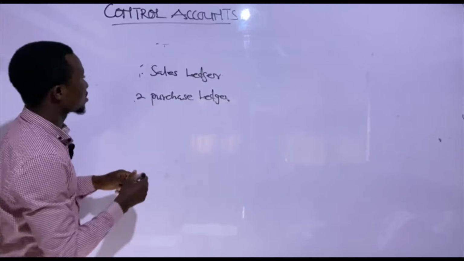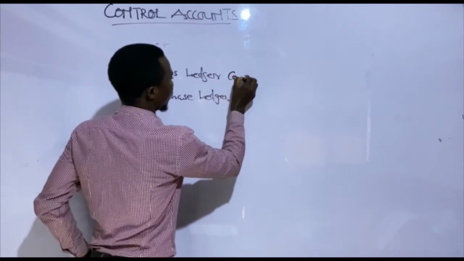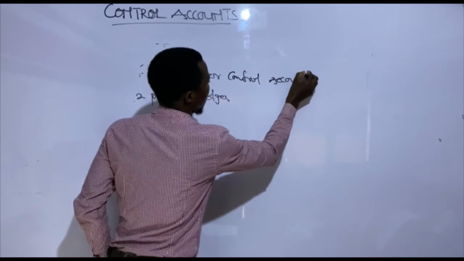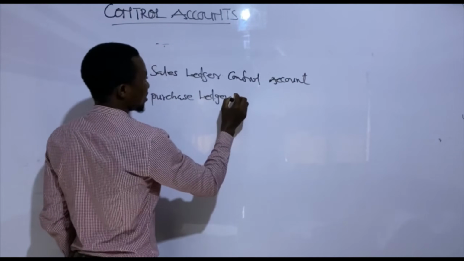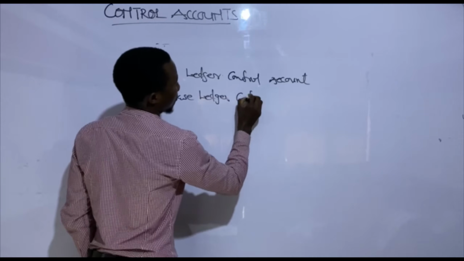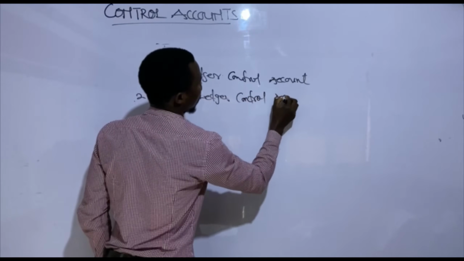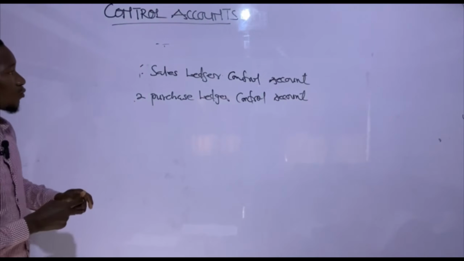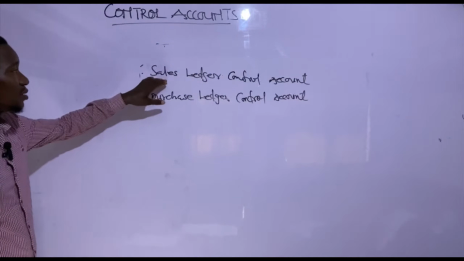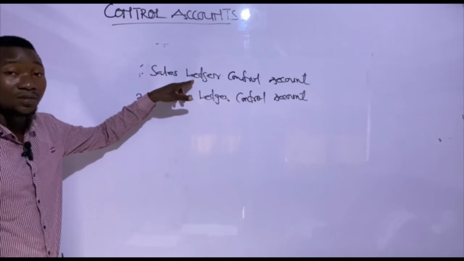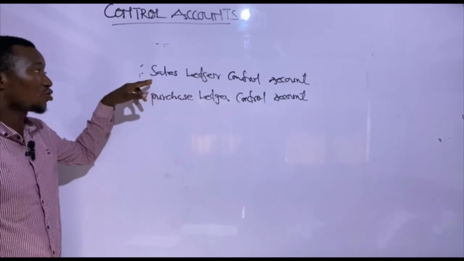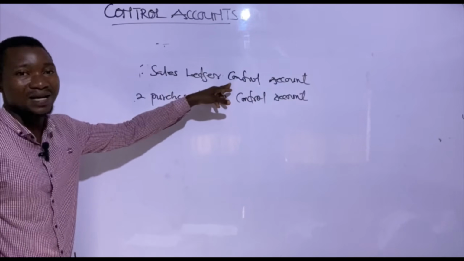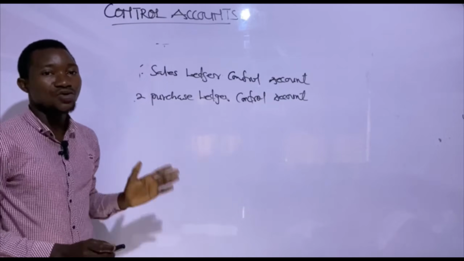So from this explanation, we can deduce our two control accounts. We have sales ledger control account, and we have purchases ledger control account. And I said because we are controlling in the sales ledger, we have debtors accounts, and because we are controlling the debtors, we can also call the sales ledger control account as total debtors control account.